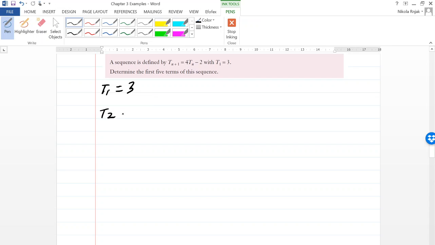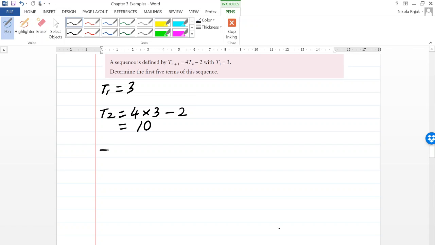Alright, so the next term, term 2, is going to be equal to 4 times the current term, take 2. So it's going to be 4 times t1, which in our case is 3, take 2, which is equal to 10.